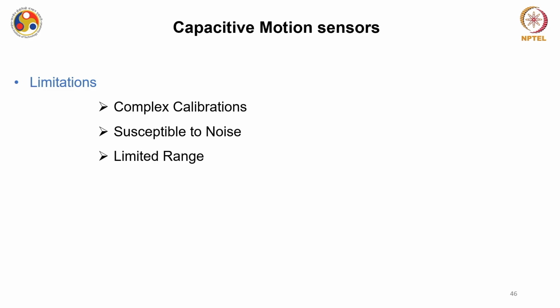So it minimizes the chance of false alarm, but since there can be various parasitic capacitances along with the original capacitance that we expect, this is mostly susceptible to noise, and the range of this capacitive sensor is not that high. Then there is another disadvantage: in both cases, the person has to be in close vicinity to the plate, or has to sit on the chair, on the car seat.